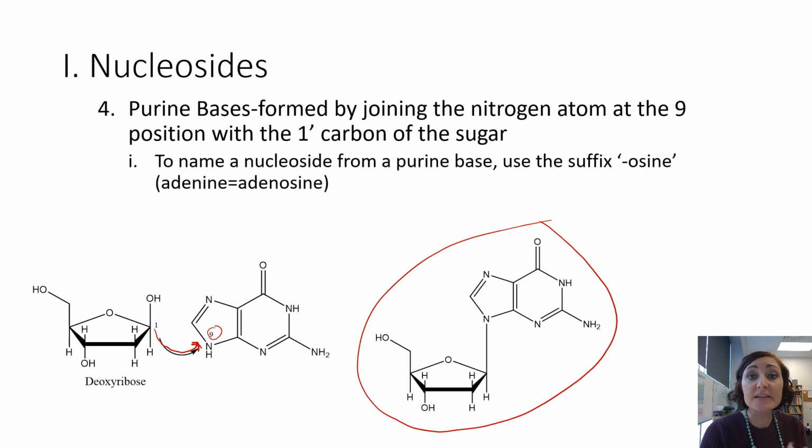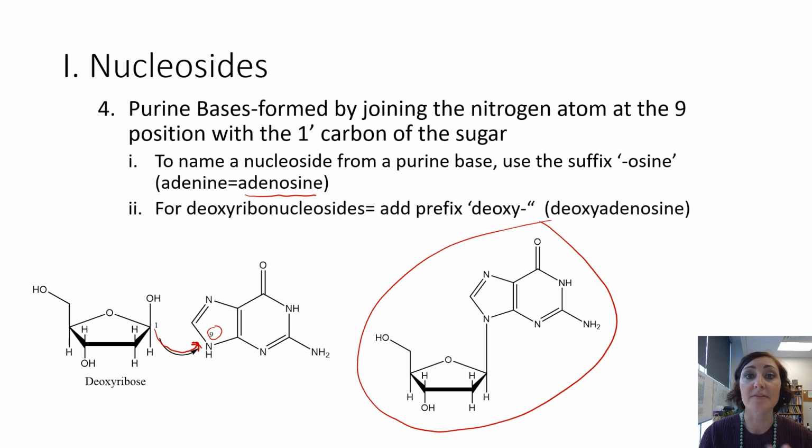So to name these nucleosides, if you start with a purine base, you're going to use the suffix -osine. So in this case, we have adenine. We drop the ending and it becomes adenosine. And you might recognize that, and we'll talk later in the unit about adenosine triphosphate and diphosphate. You might have heard that also from biology.